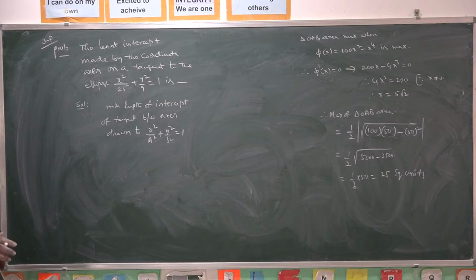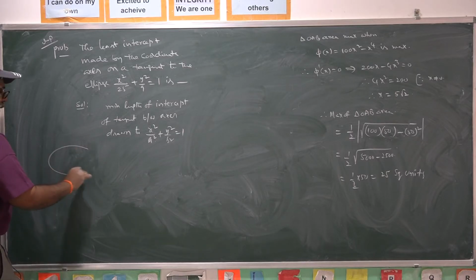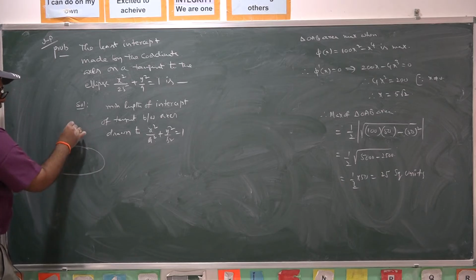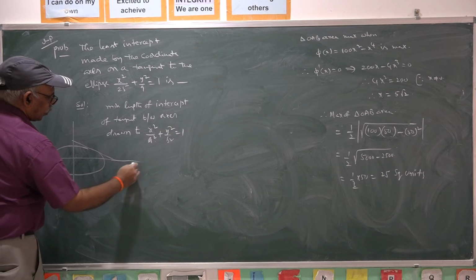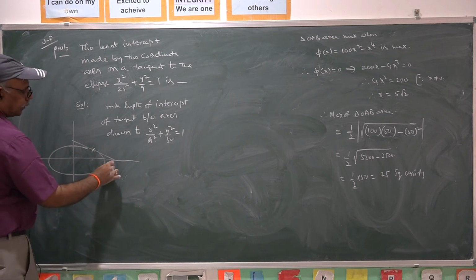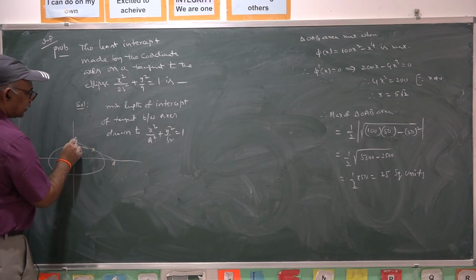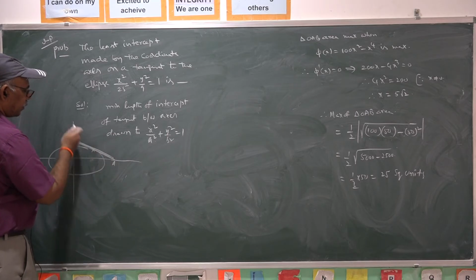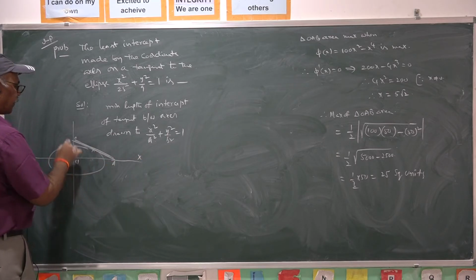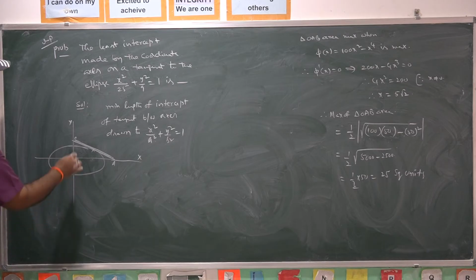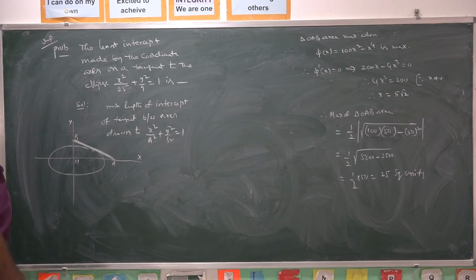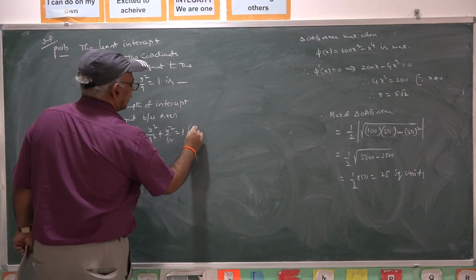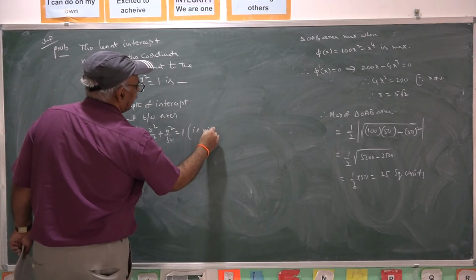Minimum length of intercept of tangent between axes drawn to the ellipse. This is our ellipse. Of course, these are the coordinate axes. A tangent is drawn at a certain point. AB is the intercept between the axes. The minimum length of AB is what we need.